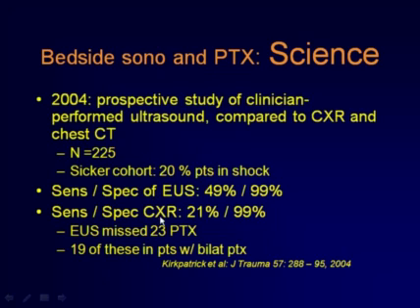In this large series done by Dr. Kirkpatrick in 2004, there was a sensitivity and specificity of about 50 and 100%. This test gives far fewer false positives than false negatives, and it was compared to chest X-ray with a composite endpoint including CT, and it was about twice as sensitive as chest X-ray.